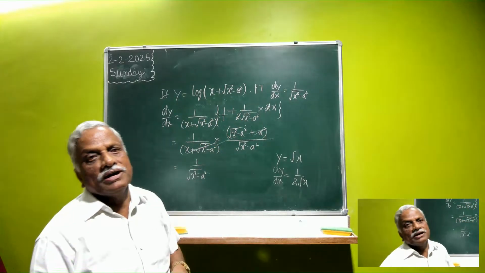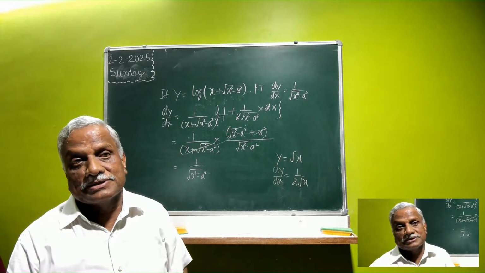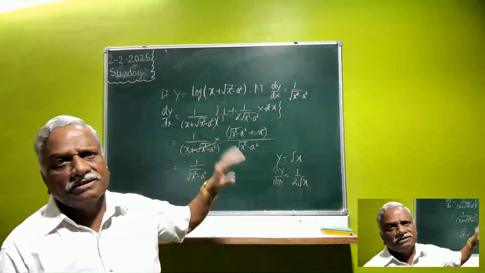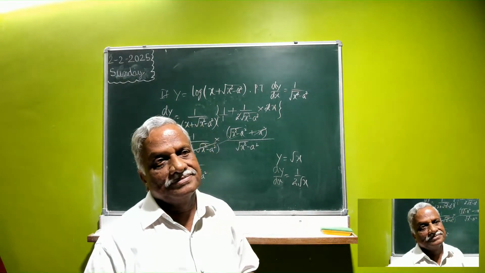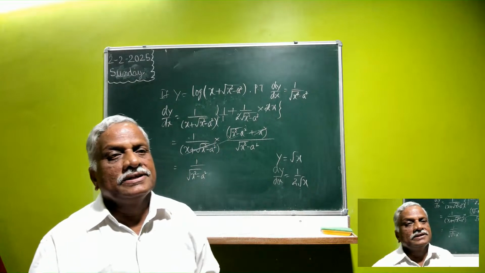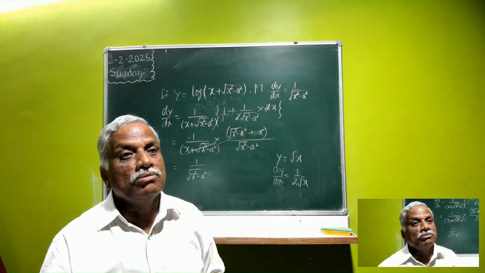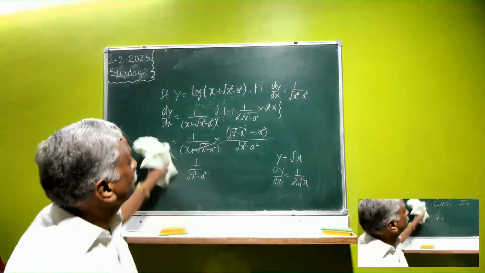The answer is going to be 1 over root of a square minus x square. But I am working one more problem which is little more standard than this. Because if you can work those problems, then you can tackle any problem in differentiation. So let me work that problem.